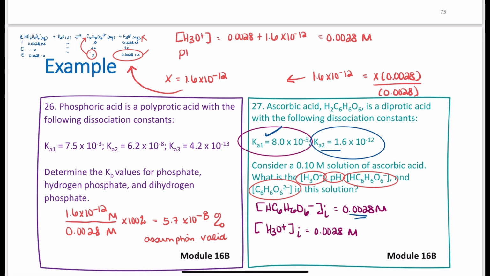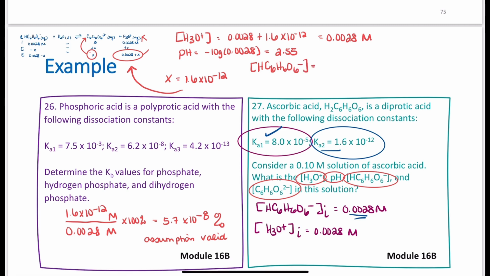My pH is next. pH is the negative log of that value. Gives me a 2.55 for pH. No surprise, it's an acid. I expect the solution to be acidic. My HC6H6O6 minus concentration is equal to 0.0028 minus 1.6 times 10 to the negative 12, which is still 0.0028 molar.